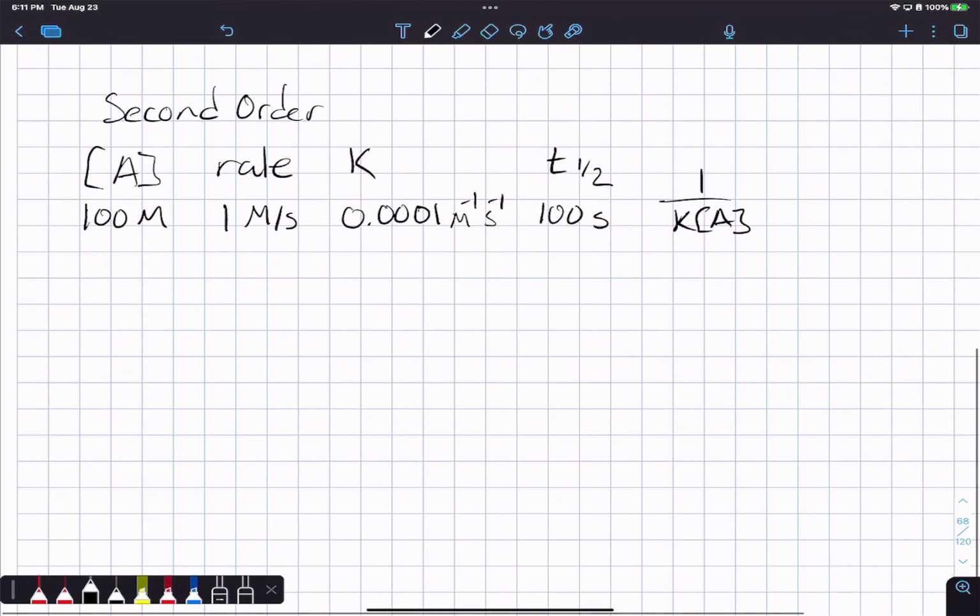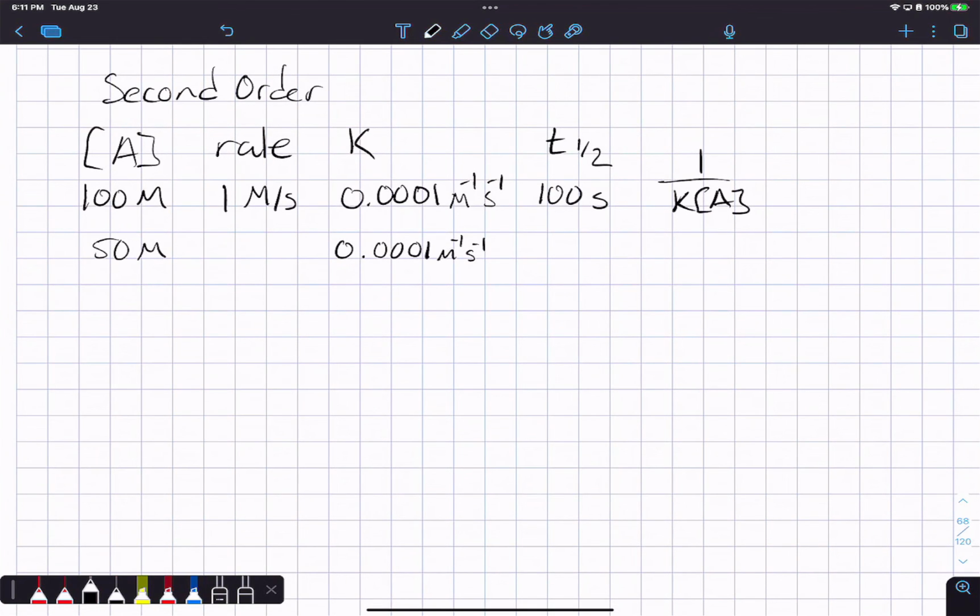So if we move forward in time 1 half-life to 50 molar, K is always going to be the same. So what is the rate going to be for 50 molar and a K of 0.0001?